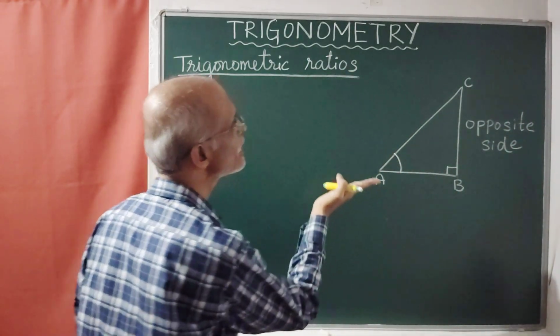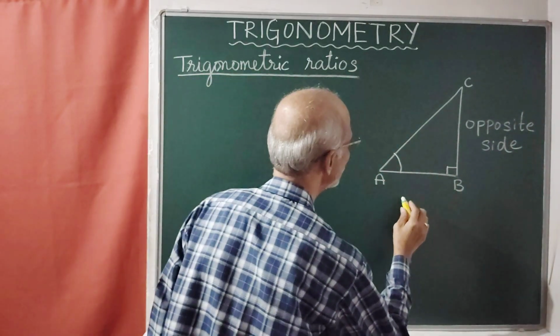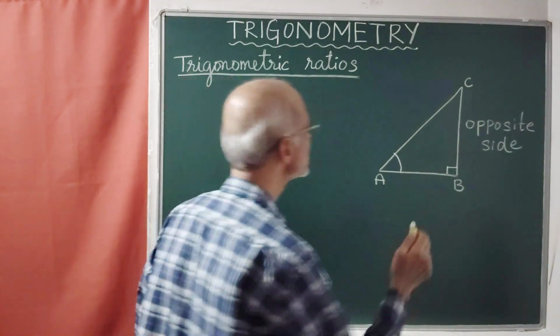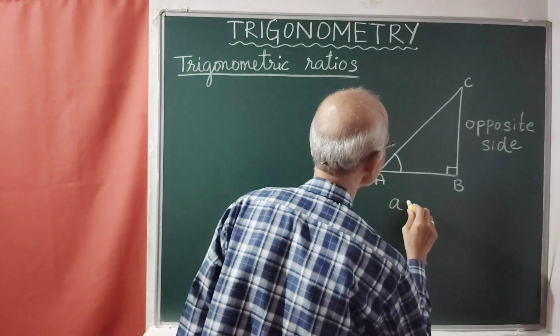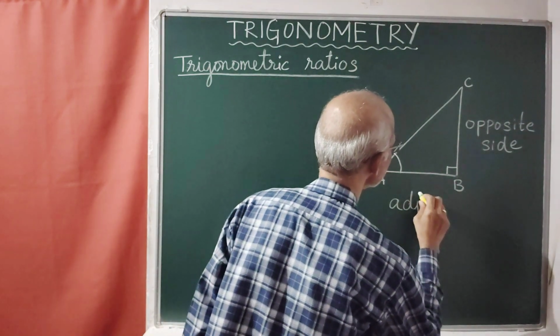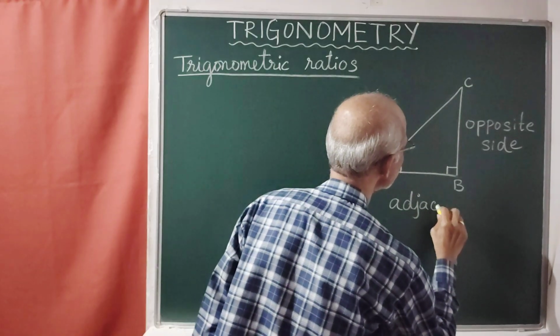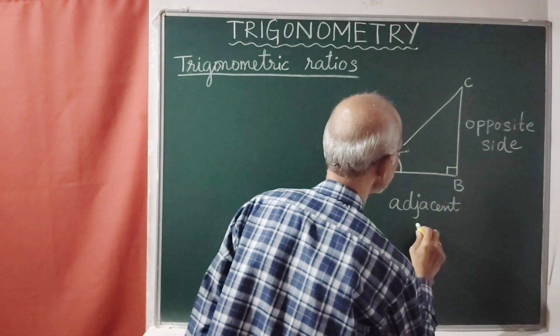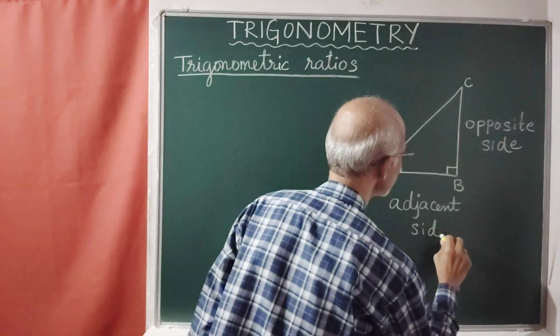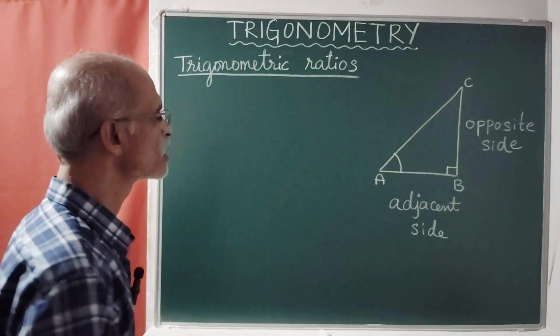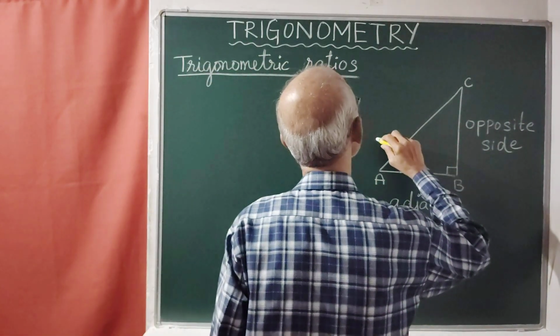For angle A, AB is the adjacent side. And this is the hypotenuse.